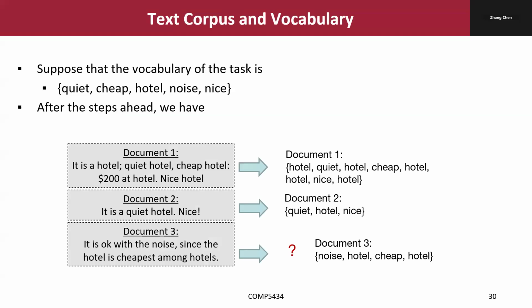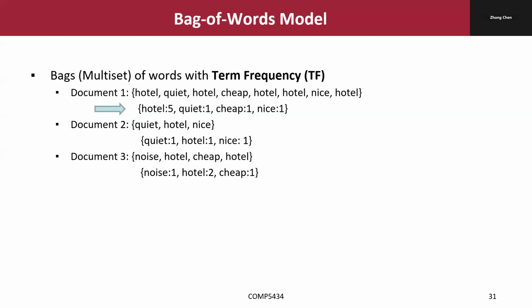So we were talking about the definition of the text, corpus, and vocabulary. Then finally, we have the opportunity to introduce the very old-fashioned model for text mining called the bag of words.